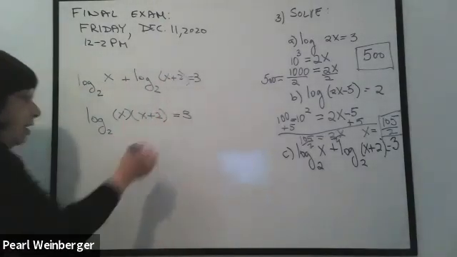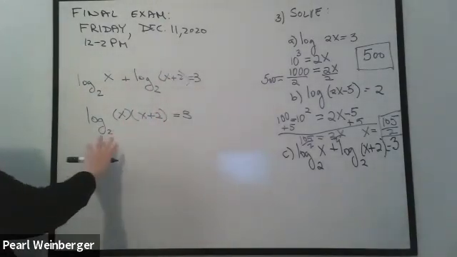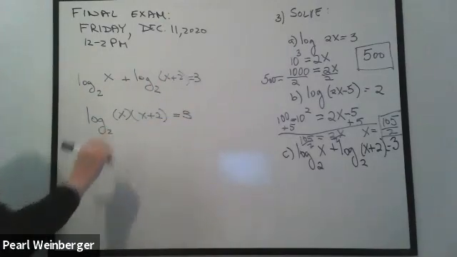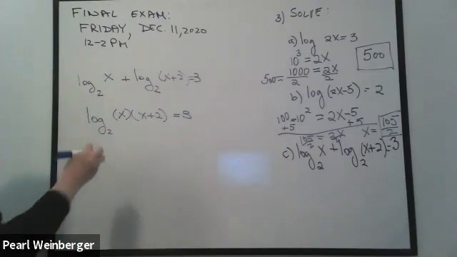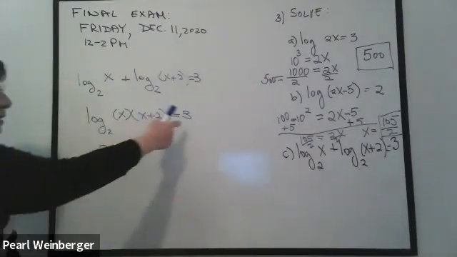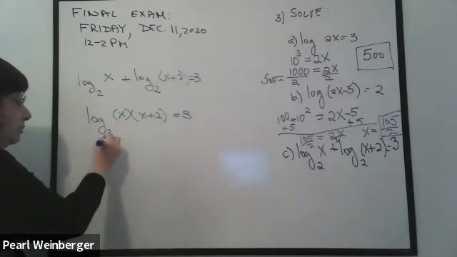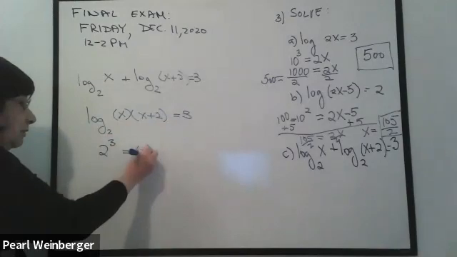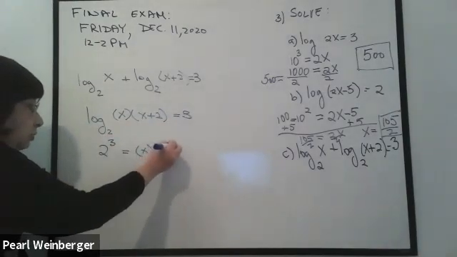And now I'm at the point where I have a log equaling a number, and I even know the base is 2. So the 2 is the base. The exponent is the number on the other side, which is this 3. And that's equal to the x times the x plus 2.